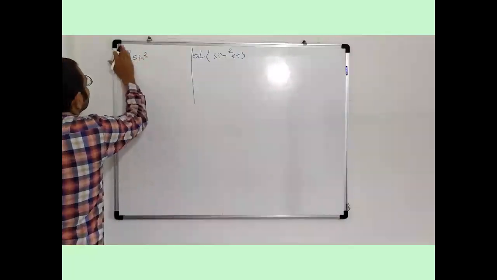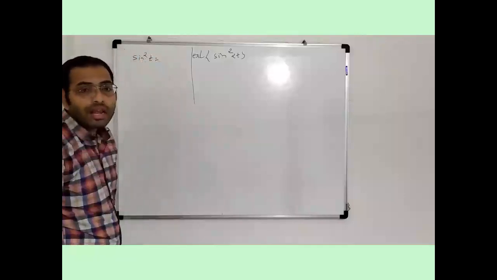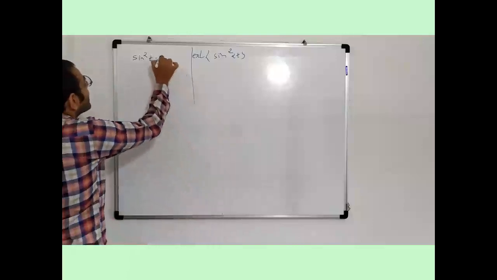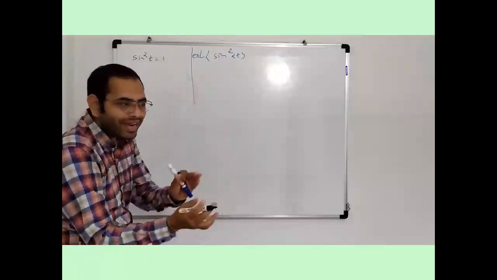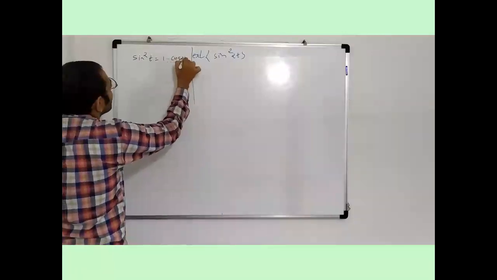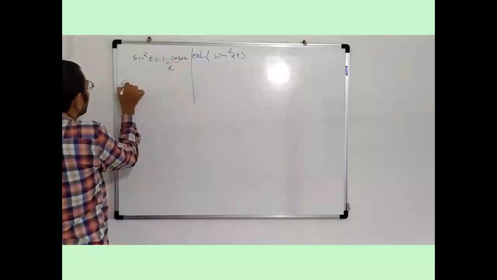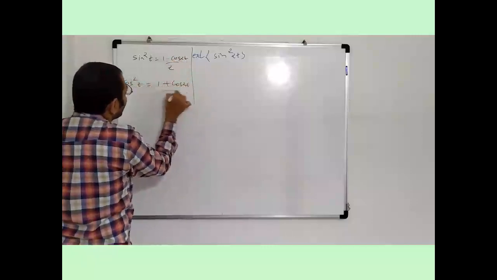Laplace of sine square t: with the help of trigonometric formulas we convert this product form into linear form, meaning addition or subtraction form. Sine square t is 1 minus cos 2t by 2, cos square t is 1 plus cos 2t by 2.